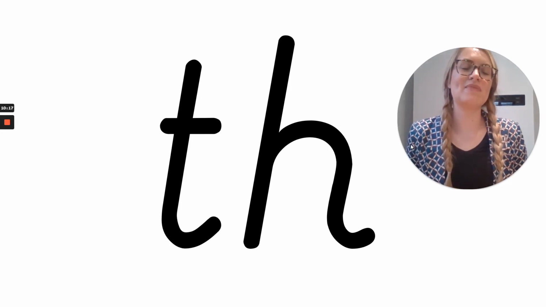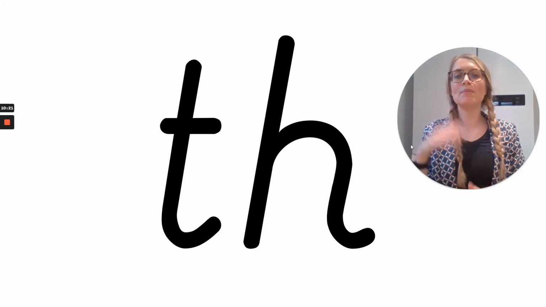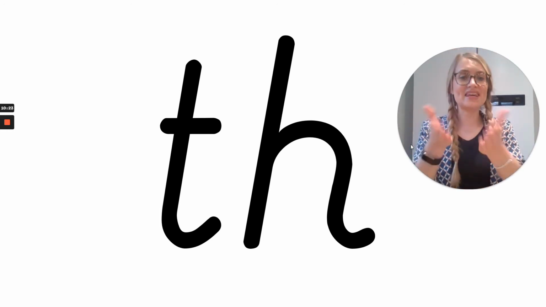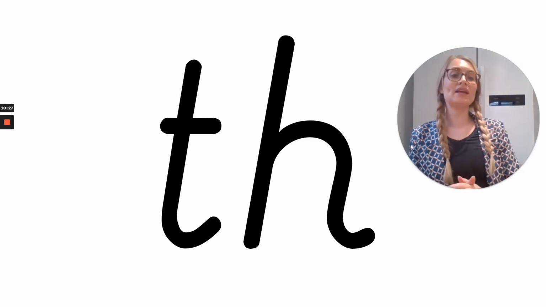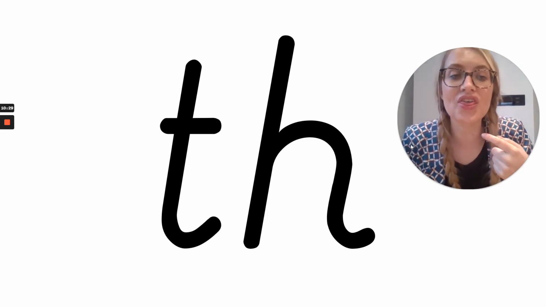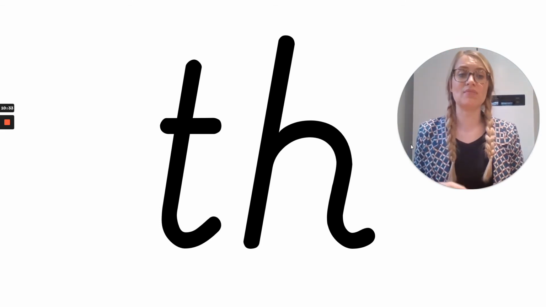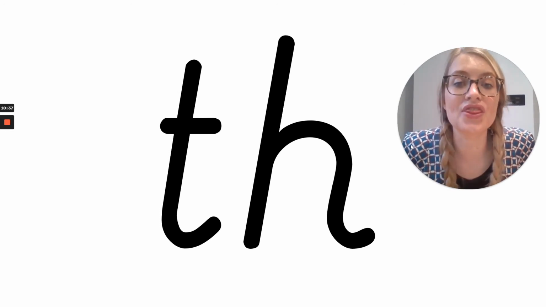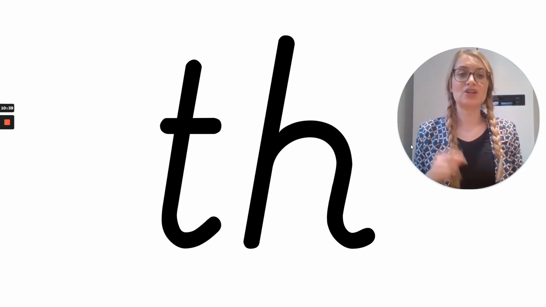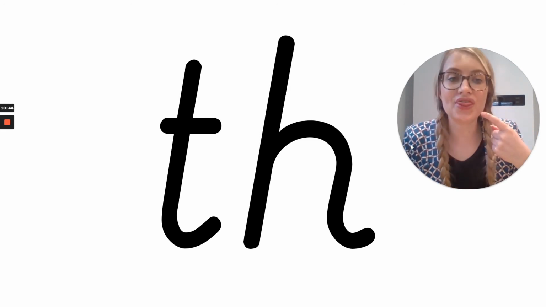This digraph makes two phonemes. Sometimes a grapheme can make more than one sound, and this is a digraph that can make more than one sound. It can make the phoneme a soft th, but it can also make a hard th.